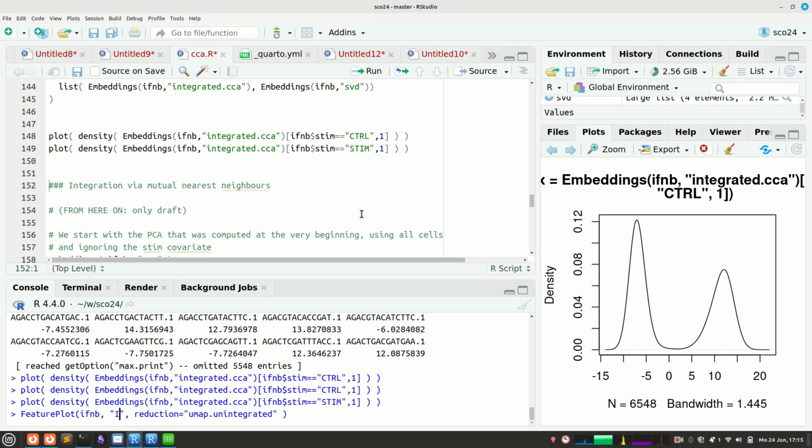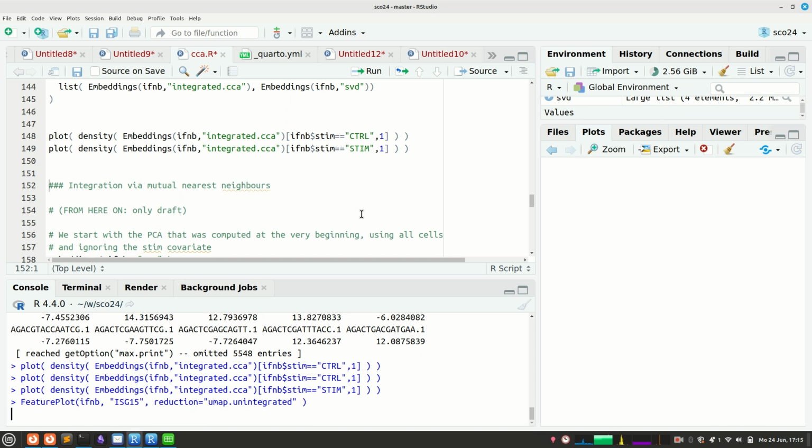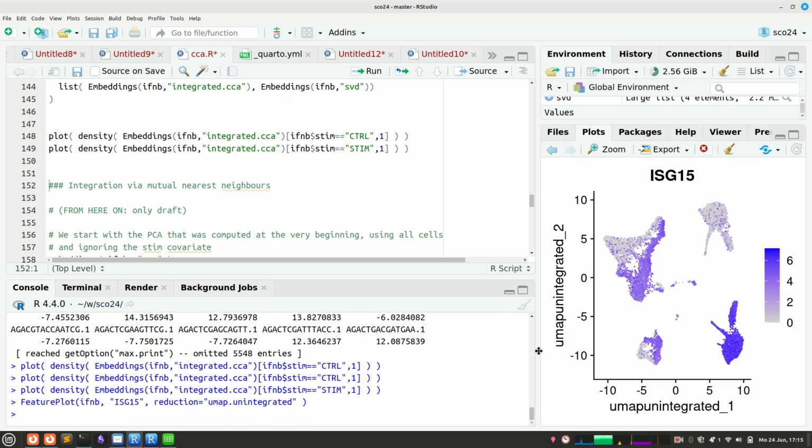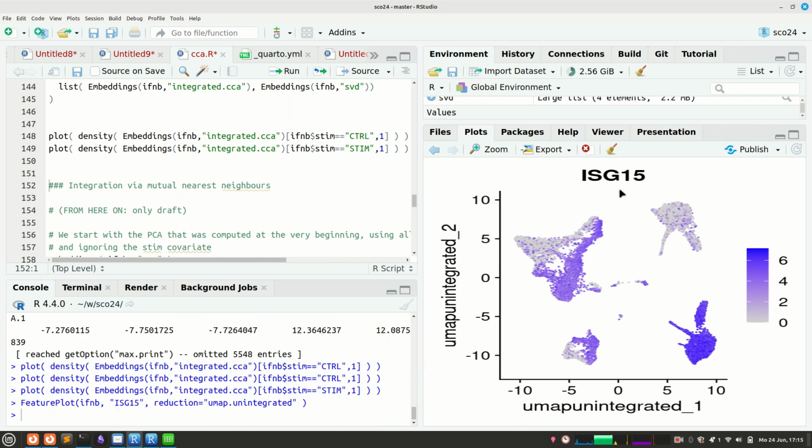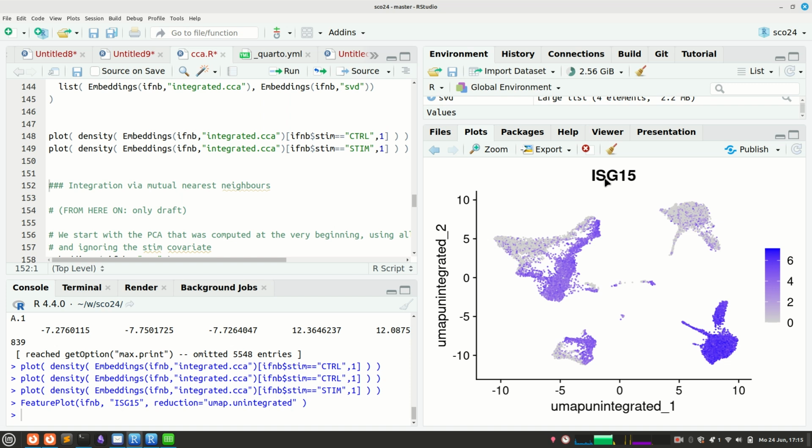So now I can look for genes which differ between the two things. And here I show you one gene which is known to react strongly to interferon. I think ISG simply stands for interferon stimulated gene number 15. And as you can see, in this cell type it reacts strongest. It goes from all gray to deep blue, and here it reacts a little bit less.